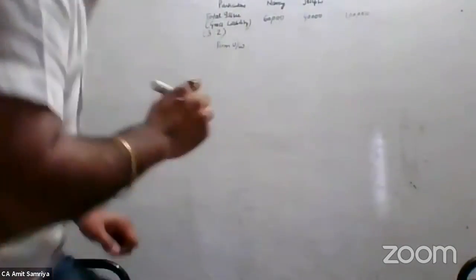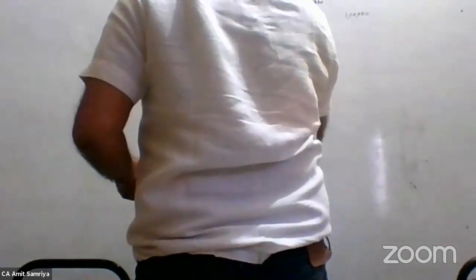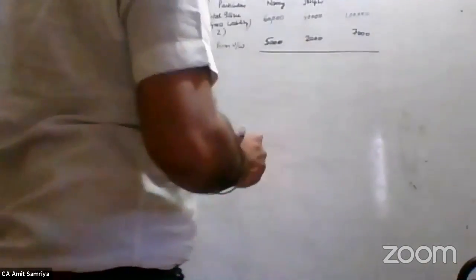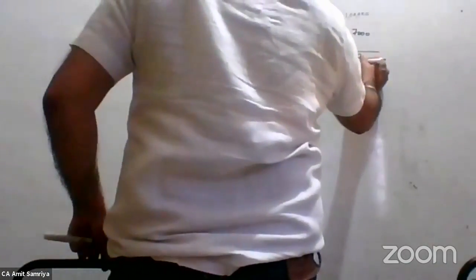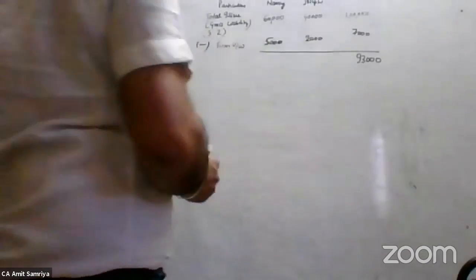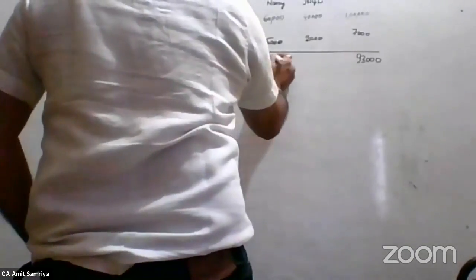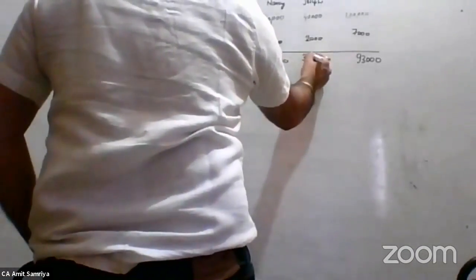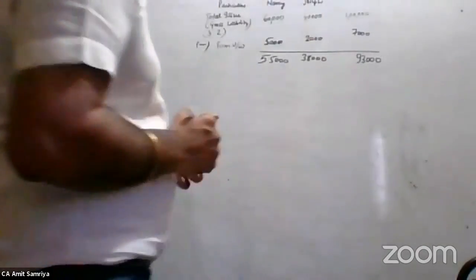Suppose firm underwriting by Nancy is 5,000 shares and by Joseph 2,000 shares, total 7,000. Now they are liable to sell only 93,000 shares, as firm underwriting is deducted. Nancy is liable to sell 55,000 shares and Joseph 38,000 shares.